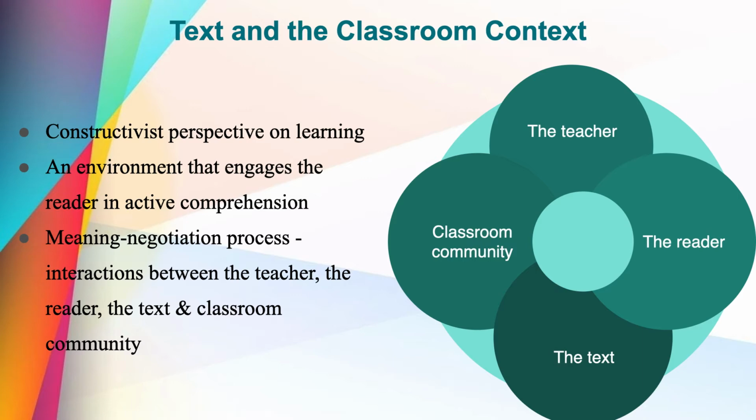This process initiates a productive, active learning environment. In this process, the teacher creates the environment needed to engage the readers and the selected text. The students engage in conversation about the text, which creates the classroom community that can influence and enhance or change the meaning of the text.